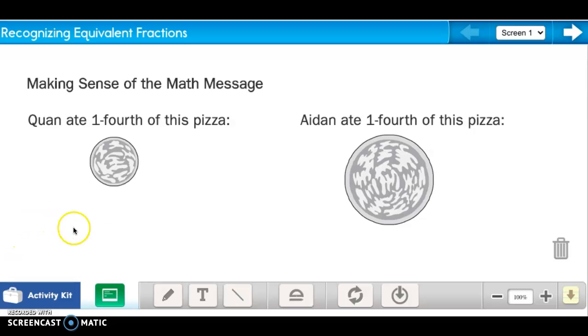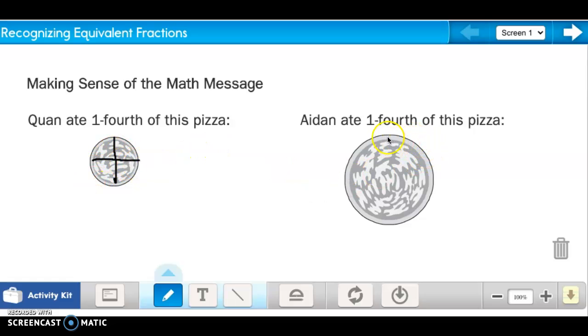So I'm going to cut this pizza down the middle and down across. So now it is in fourths. And then I'm going to cut this one down. I know it's not quite straight, but oh well. And across. So now we've cut these pizzas into fourths.